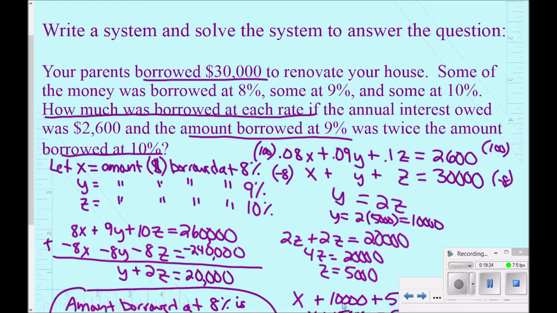So then after we did that first step of eliminating the x, we could have either substituted in, which is what we did, the 2z for y, or we could have brought the 2z over to the other side and then eliminated, with y plus 2z equals 20,000 and y minus 2z equals 0, and we could have eliminated that way. Either way, we ended up with our variable, and then we just did a process of substitution to get the other variables.